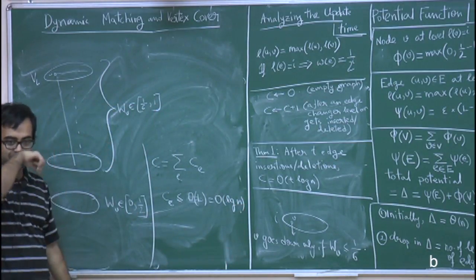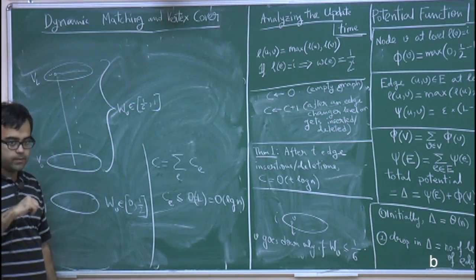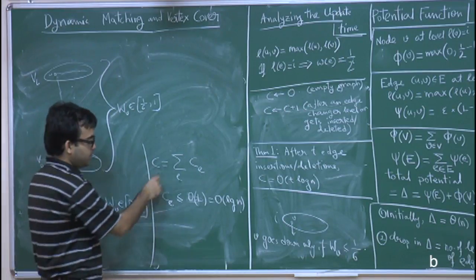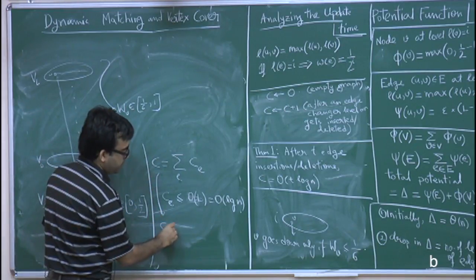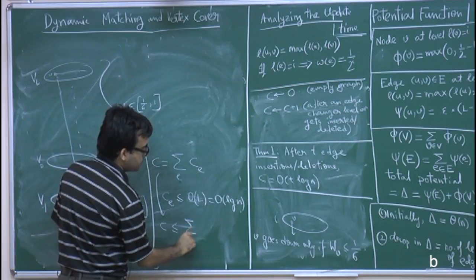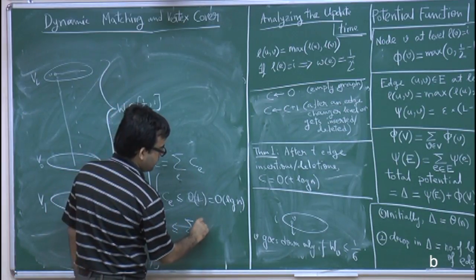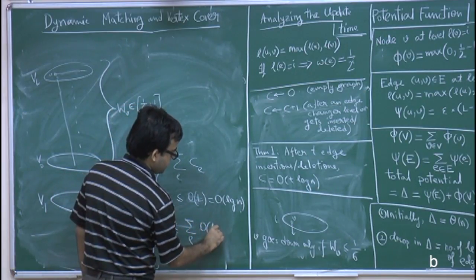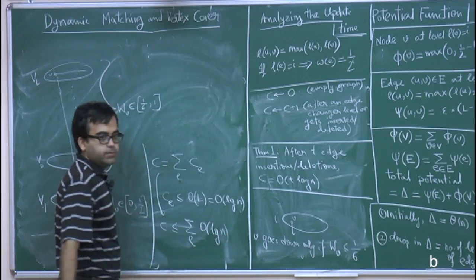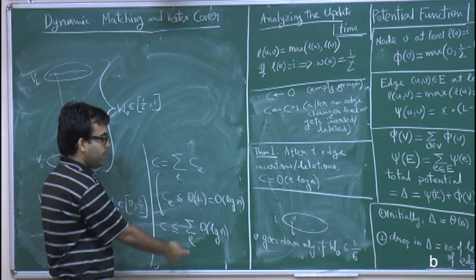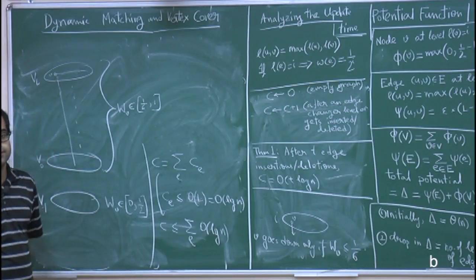Can we say this? You can, right? So, then what does this imply? It implies that C is at most, you sum over these edges and each time you get at most a log n contribution. And how many edges are you going to sum over here?